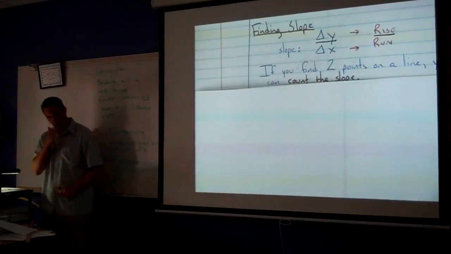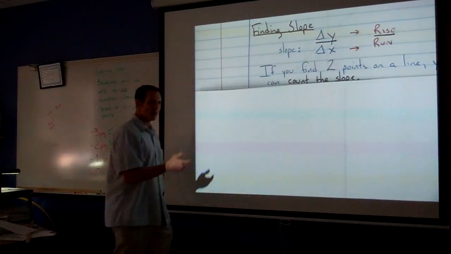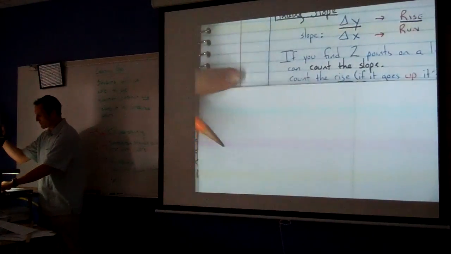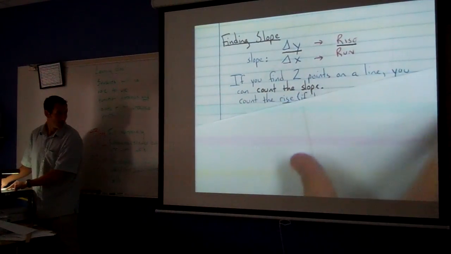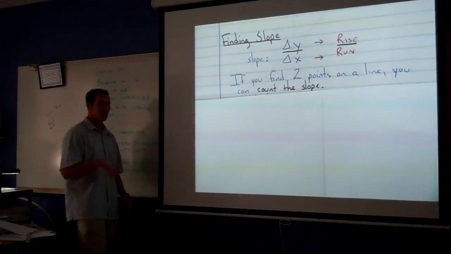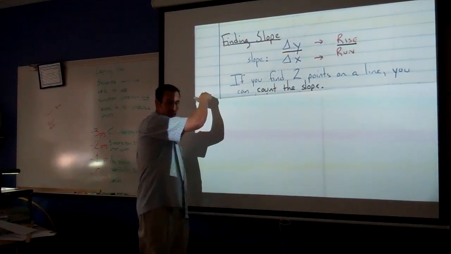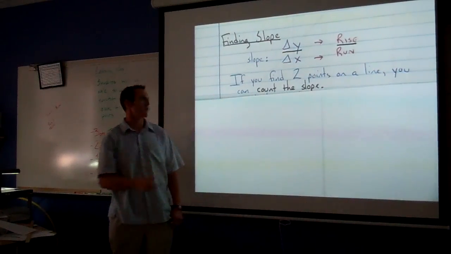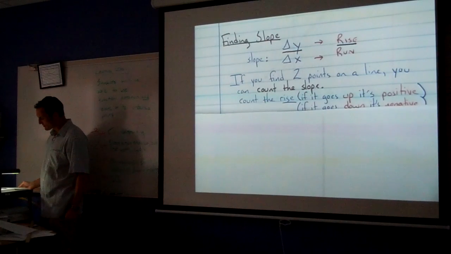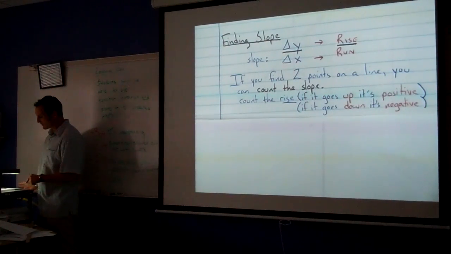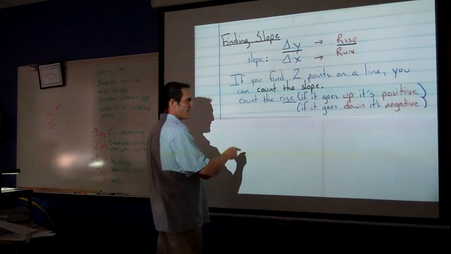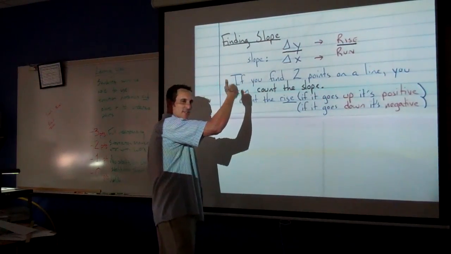If you find 2 points on a line, so let's say you have a graph, and on that graph you are able to locate two ordered pairs on that line, you can actually count the slope, counting how much it rises over how much it runs. For counting the rise, if you're going from one point to the next and you have to go up, that's a positive rise.